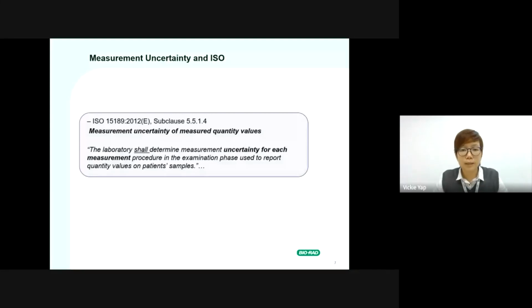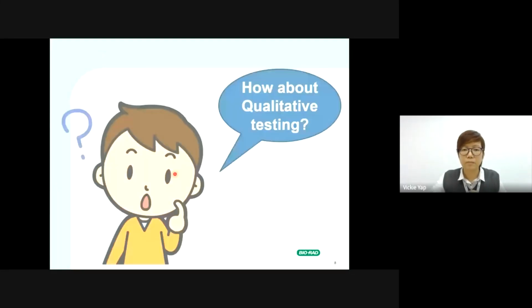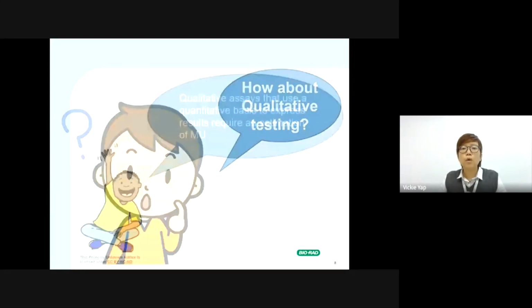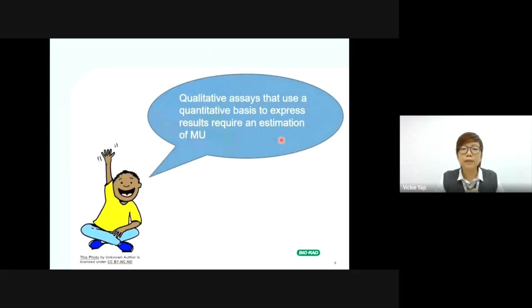Then how about qualitative testing? So a qualitative assay that uses a quantitative basis to express results requires an estimation of MU also. Example, tests that use the sample cutoff.